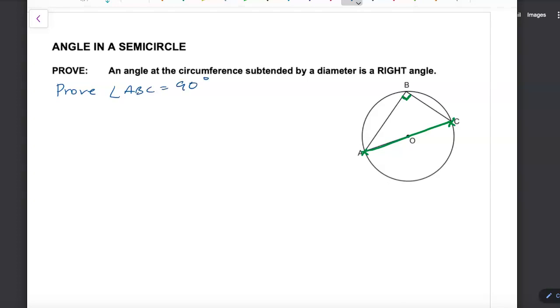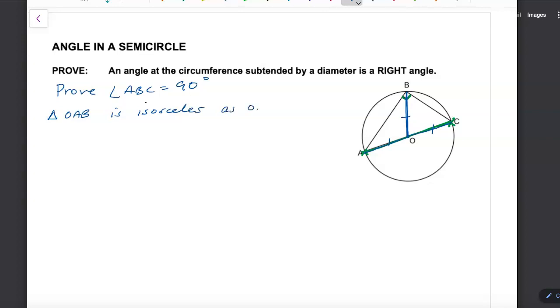Well, I can clearly see that I've got a triangle here. So what I'm actually going to do is draw a radius from O to B. And what essentially I then have is 3 radii drawn, one OB, one OA, and one OC. I'm going to have a look at triangle OAB, and I know that this triangle is an isosceles triangle.